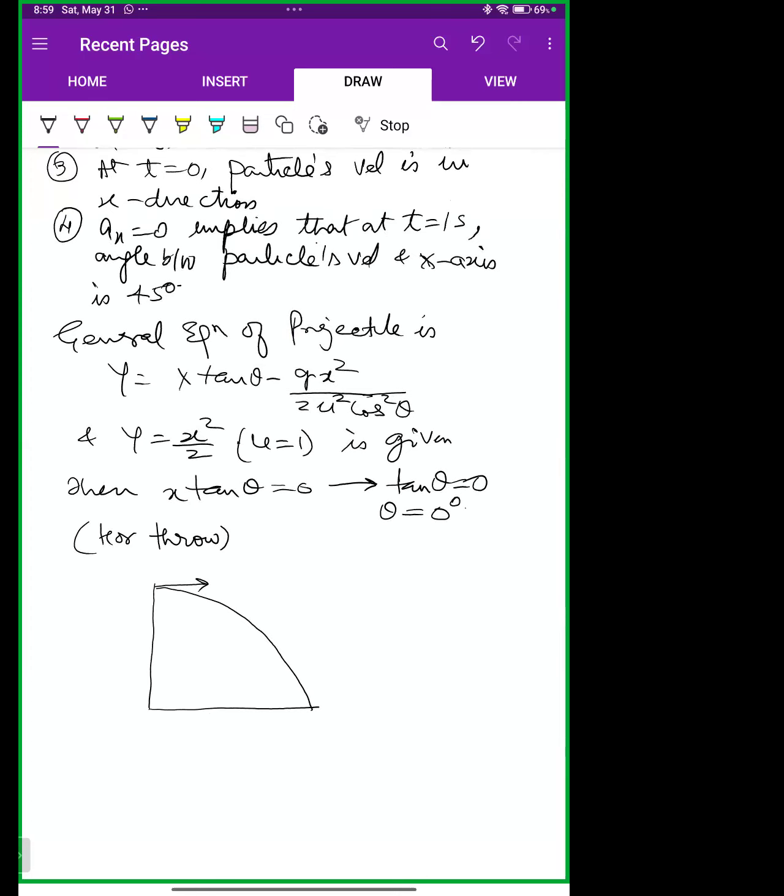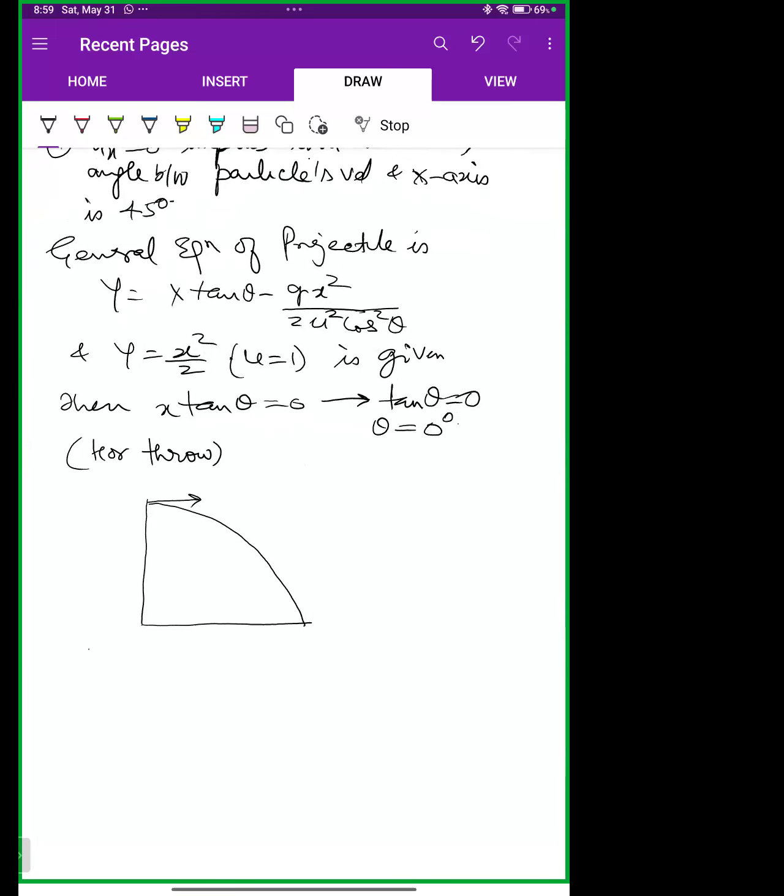And what next? Also, this g is acceleration, so we will not say g, we will say a. Here g is similar to a.